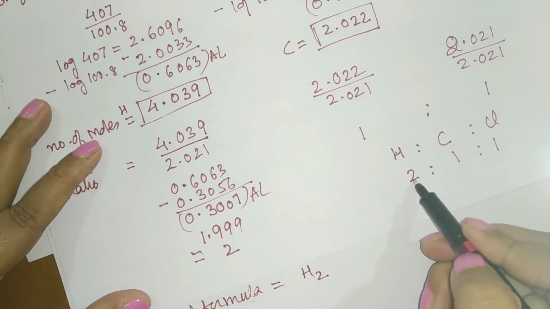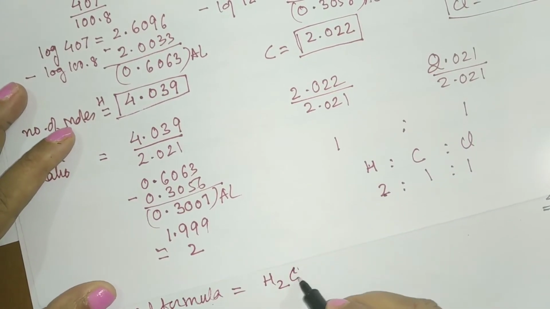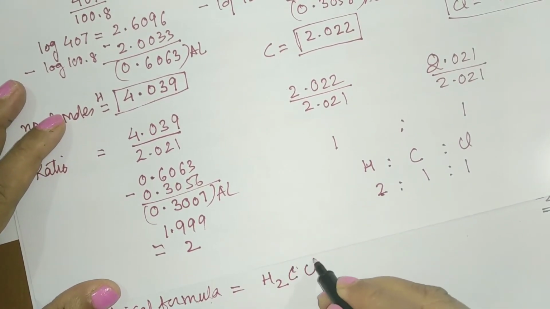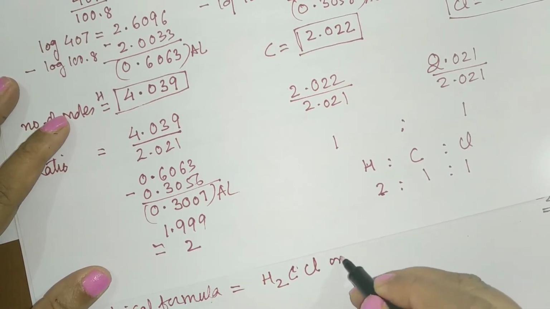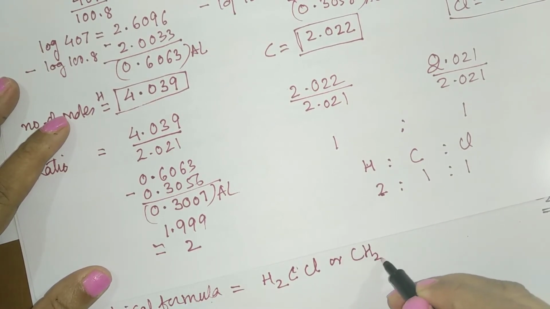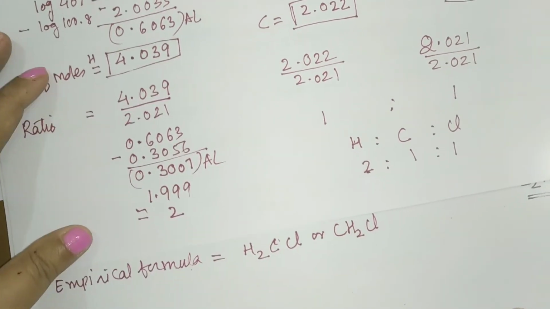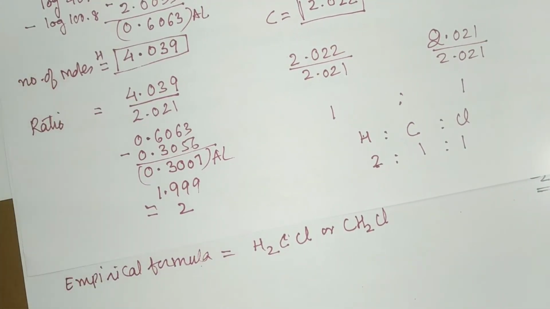You have to write the coefficients in this way. C1, we don't write 1, and Cl. So it is H2CCl, or it will be CH2Cl. So this is the empirical formula of the data which is given in the problem.